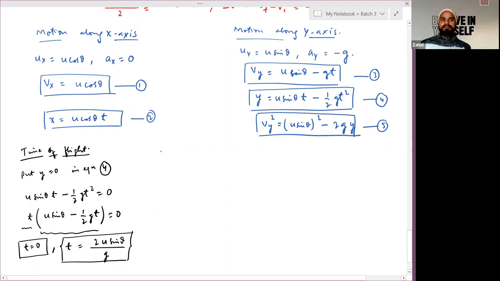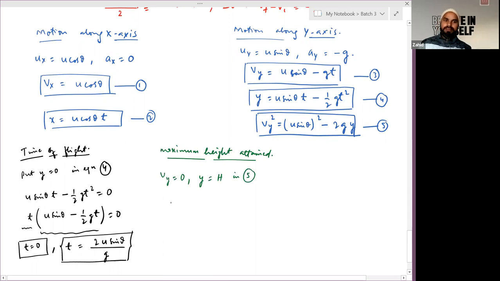Next is maximum height attained by this body. So to get maximum height, as we know, at highest point, vertical component of velocity will be 0. So put Vy to be 0 and y equal to h in equation 5th.